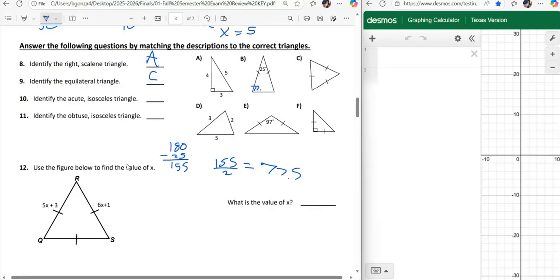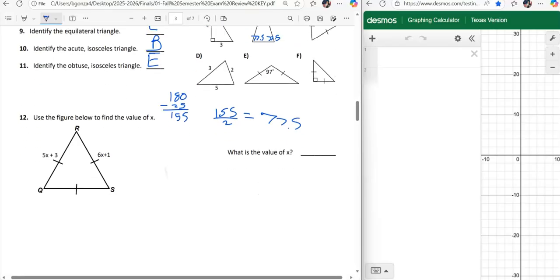So each of these angles is 77.5. They're all less than 90, so B would be acute. And obtuse isosceles would be E, because obtuse is greater than 90, 2 equal sides, so it'd be E.